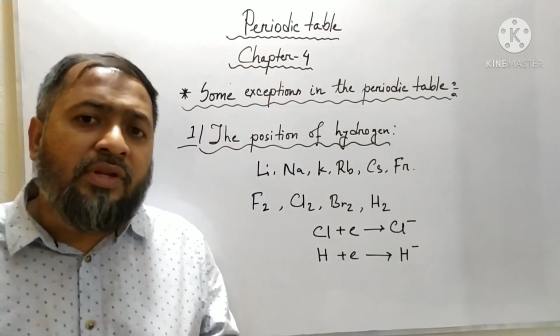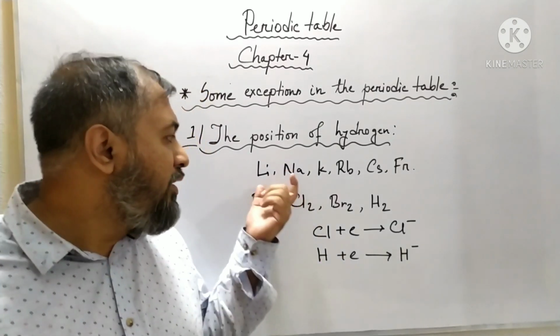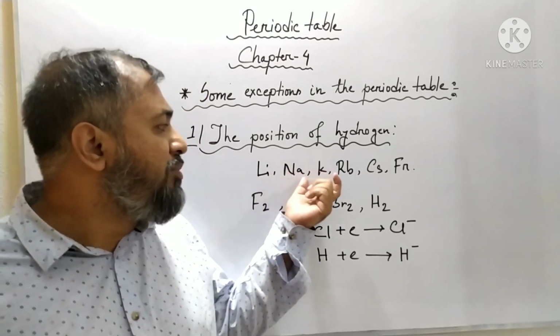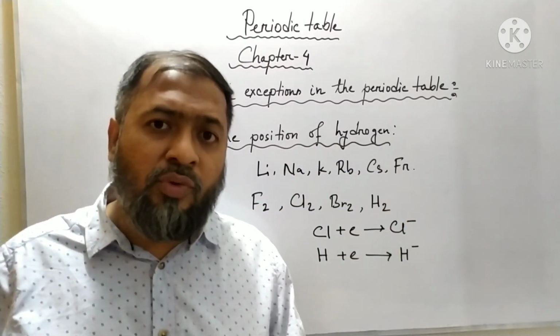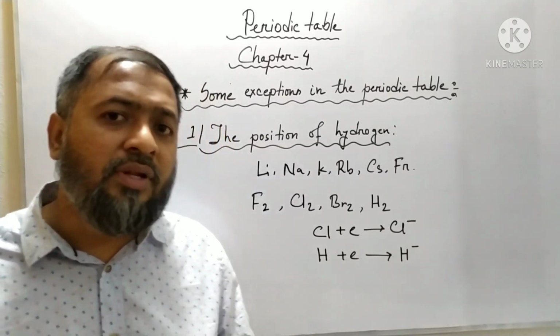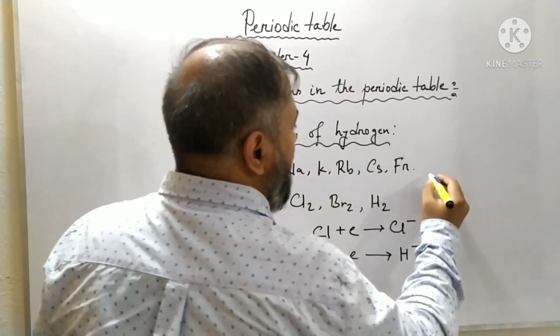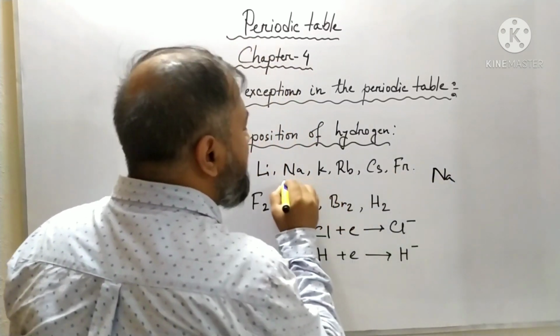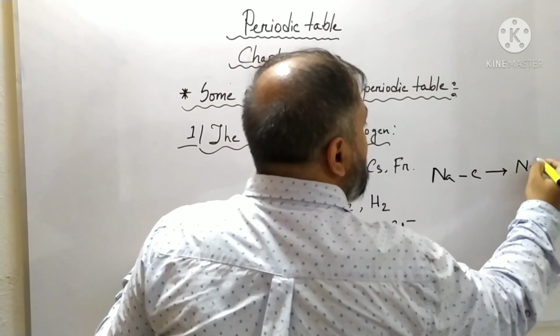So hydrogen does not show all the chemical properties similar to the elements belonging to the first group. However, hydrogen also shows some characteristic reactions like the elements of the first group. For example, sodium donates an electron during a chemical reaction and becomes sodium ion.